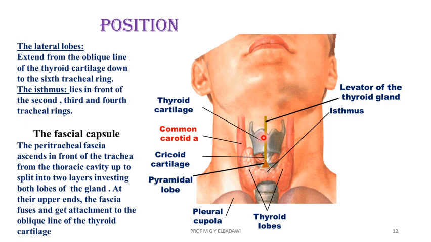It will move up and down. But if you ask the patient to protrude the tongue, if there is another swelling in the neck, and this swelling moves up and down again during protrusion of the tongue, this should be a thyroglossal cyst. That is the position of the gland.